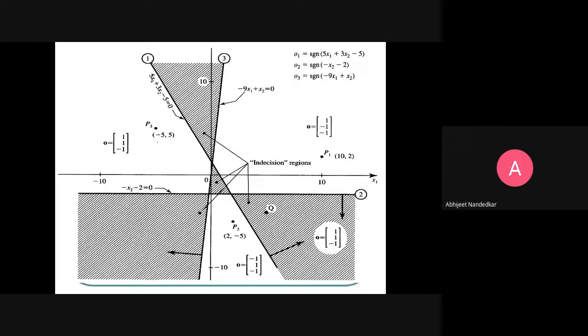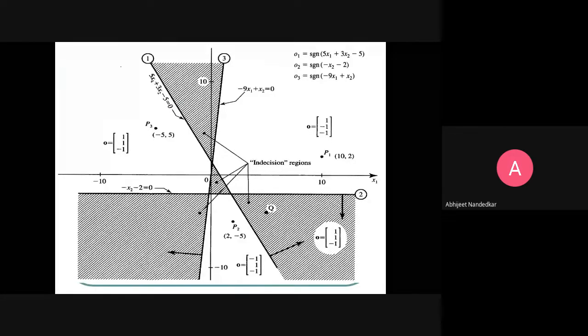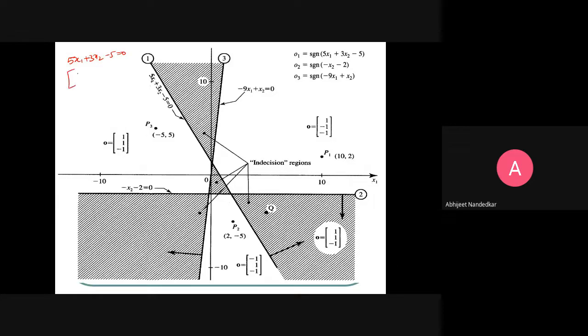How to find that out? You can take the line equation, 5x1 plus 3x2 minus 5 equal to 0, and collect the coefficients of the variables: plus 5, plus 3. That is somewhere in this direction where neuron number 1 is going to fire. So this is the direction.